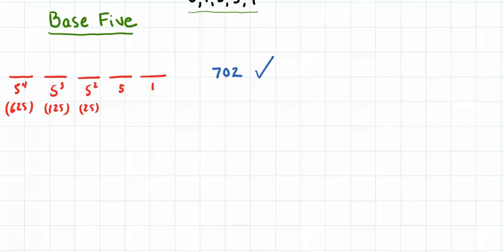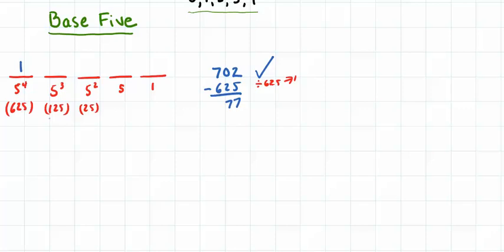So the first thing I notice is that I definitely need one of the 625s, because 625 will go into 702 one time. So what I'll do next is subtract that 625, because what I want to know is how many I have left over. 702 minus 625 is 77 left over.